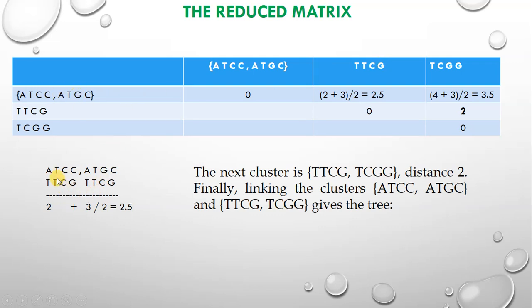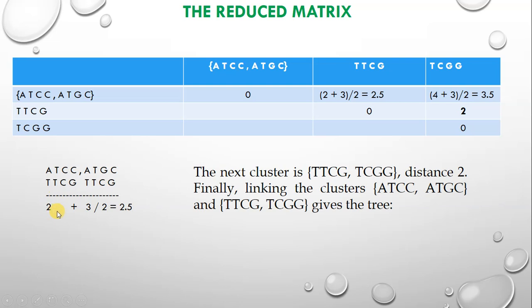So look here, ATCC, ATGC, actually I write it the same thing here, and during comparison this sequence will be compared to both of this and this. So now see, TTCG is this sequence, and it will be also compared with this TTCG. So if you see, here is a mutation and here is a mutation.